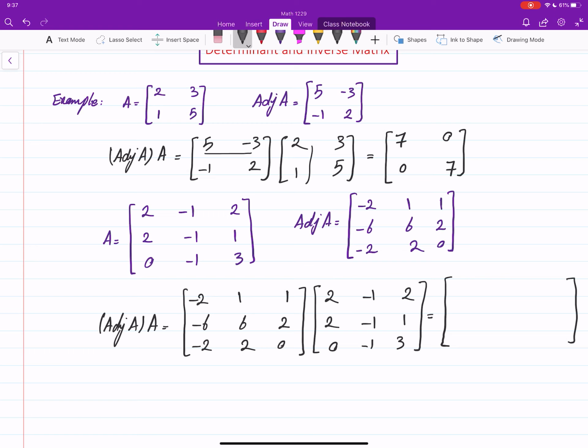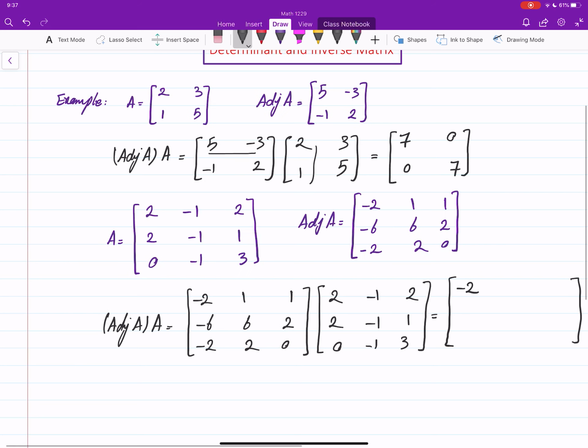Negative 2 times 2 is negative 4, plus 2, this is negative 2. First row multiplied by the second column, we get 2 minus 1 minus 1, 0. First row times third column, you get negative 4 plus 1 plus 3, which is again 0. Second row, second column, we get negative 2. Second row, third column, 0.